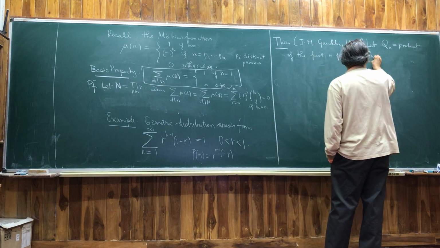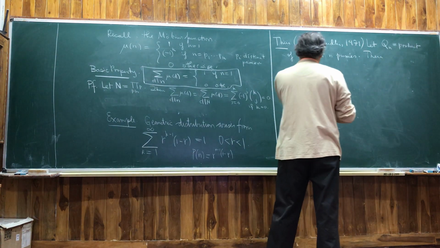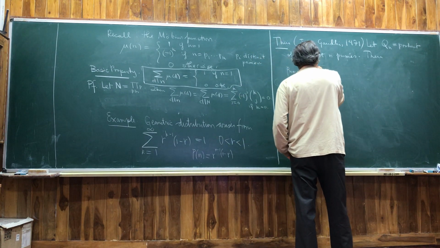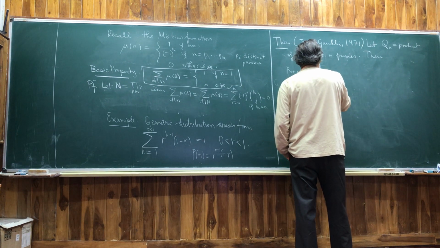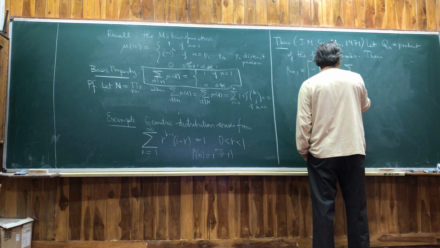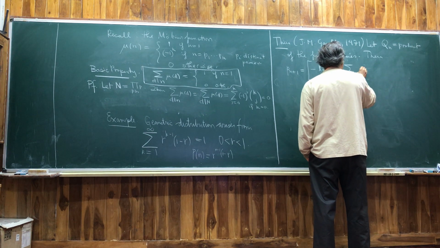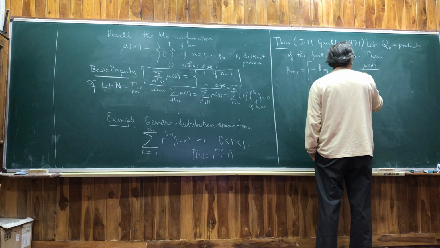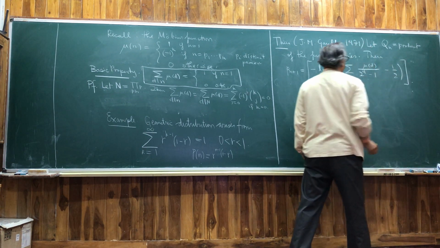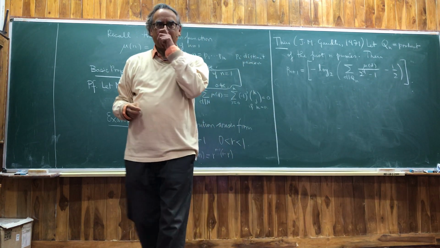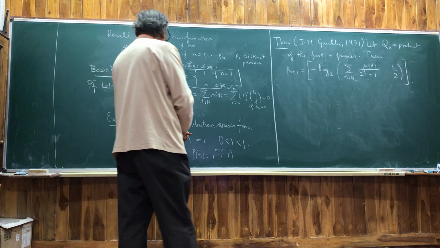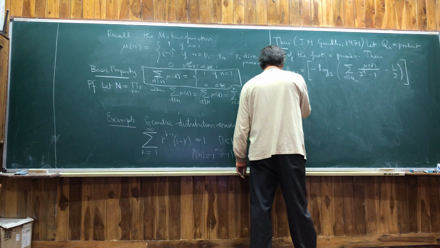Then the (n+1)th prime equals minus log base 2 of the quantity one half plus the summation over d dividing Q sub n of mu of d over 2 to the d minus 1. This is a very cute formula for the (n+1)th prime, given the knowledge of the first n primes. And the proof uses the geometric distribution.